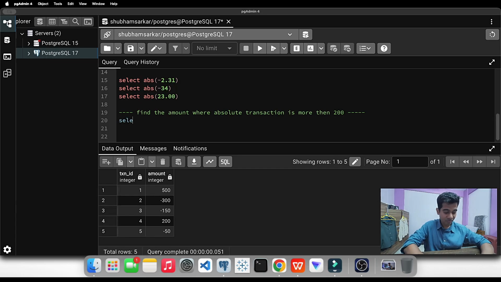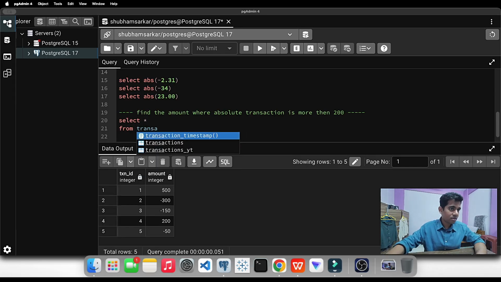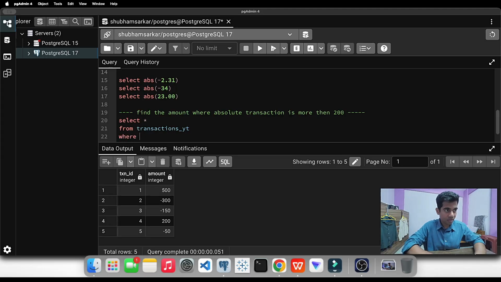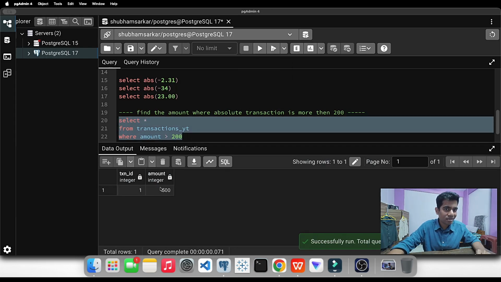Suppose you are not aware of this topic, you will say, okay, absolute transaction means they might be asking about transactions. Simple, you will write select everything from the table, what's the table name, transaction yt, where amount greater than 200. Obviously those who have no idea about absolute transactions will do it like this, and they will say okay, this is the output.